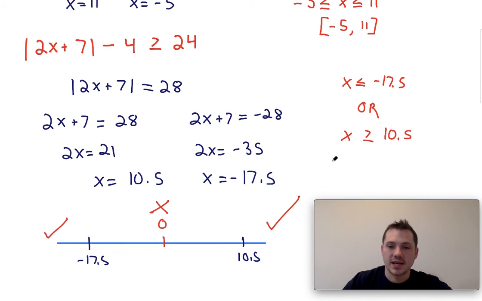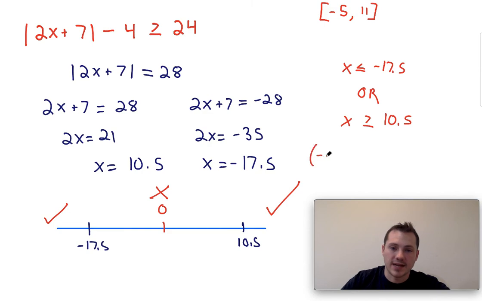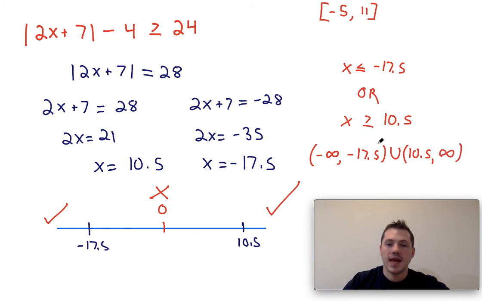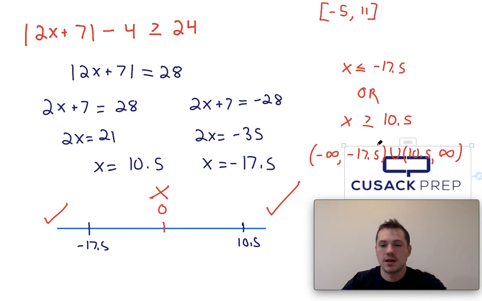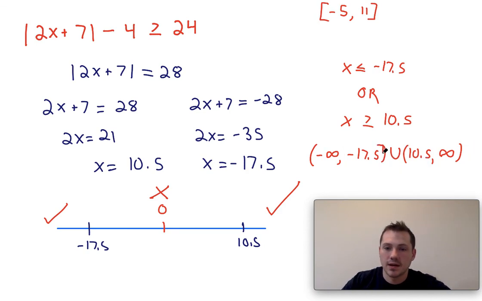If we were to write this in interval notation, we would write negative infinity, comma, negative 17.5, union, 10.5, comma, infinity. And we would want these to be brackets here because it is less than or equal to in both of these cases. So I would want to draw a bracket, not parentheses there, bracket.